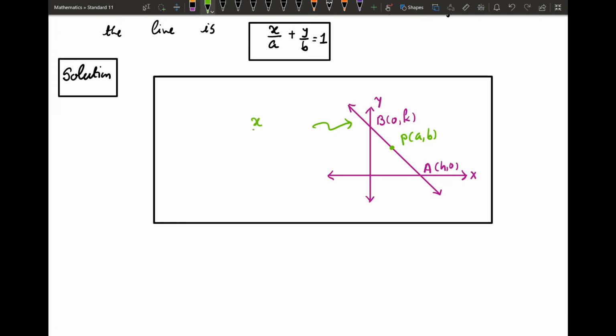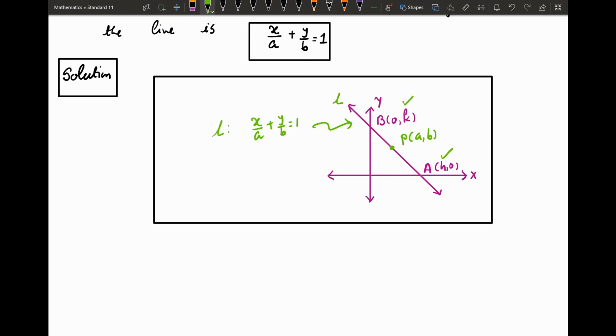If we denote this line L, then we have to show that the equation of L is x by a plus y by b equal to 2. You can observe the line intersecting the x-axis at the point A(h, 0) and the y-axis at the point B(0, k), and P(a, b) is the midpoint of the line segment. First note that it is clear that h is the x-intercept and k is the y-intercept.